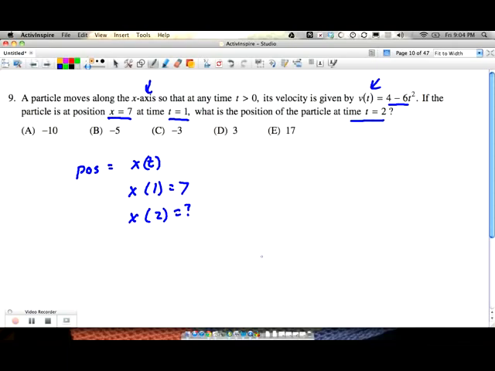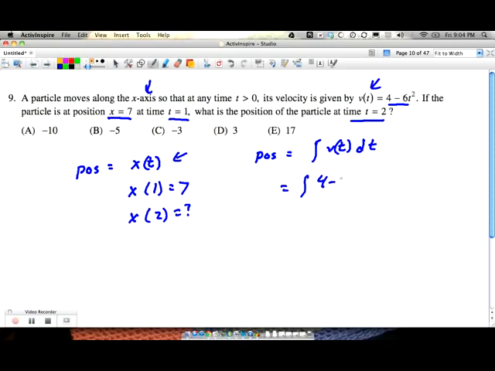There's a lot of things that we could do here, but it's probably easiest to just find the position function and then plug in 2. There's a couple of different ways we can do it, but let's go ahead and try that. So I know that position is the antiderivative of velocity, v of t dt, pardon me.